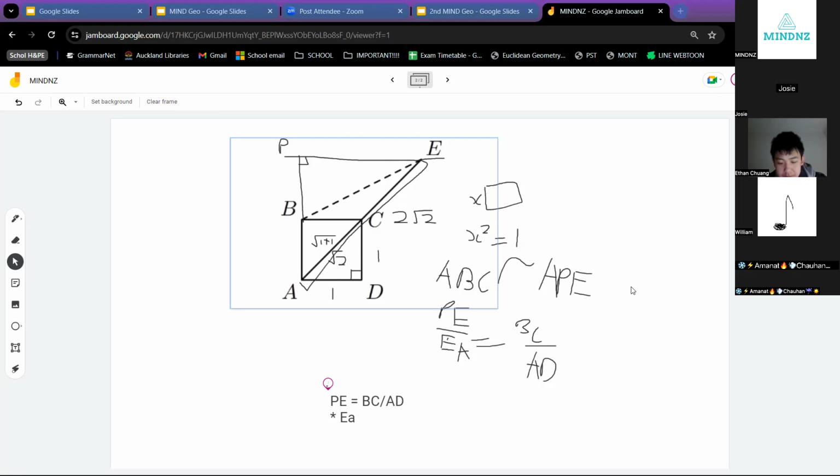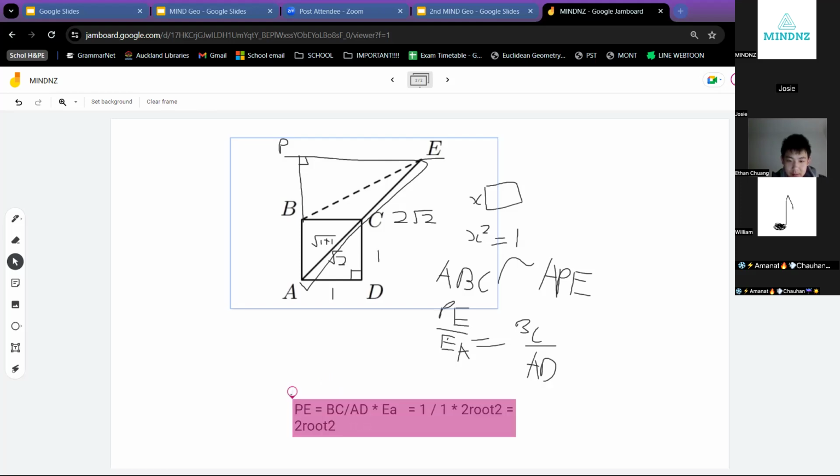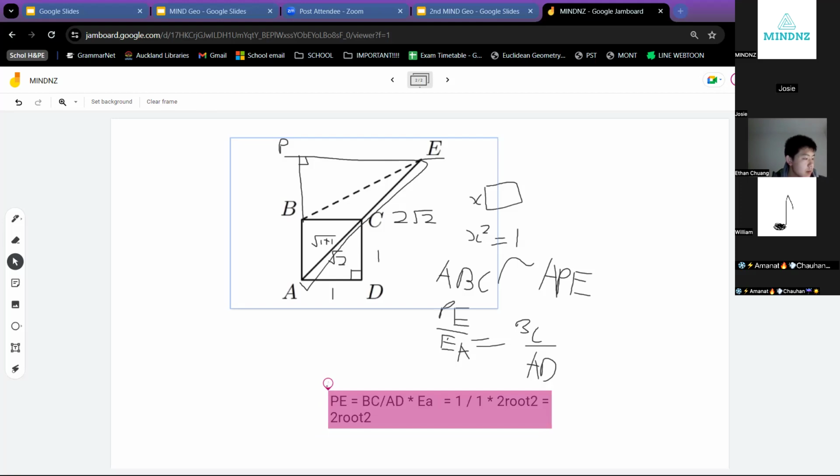And then EA is 2 root 2, which is what Amarat found earlier. So if we solve, PE would be equal to 2 root 2, right? Okay. You can also find PB. So we know that PA must be equal to 2.